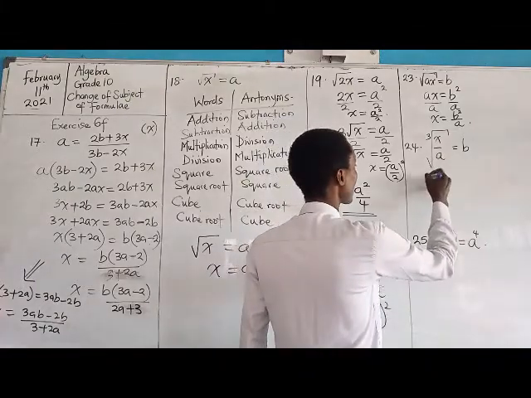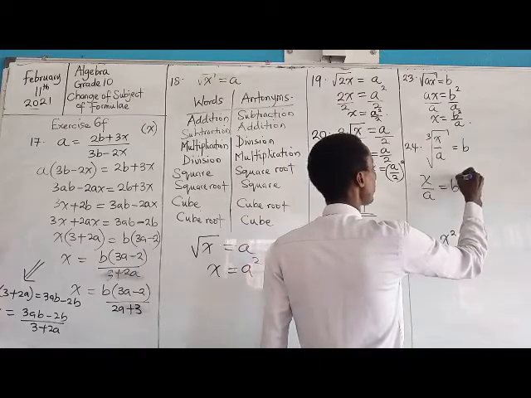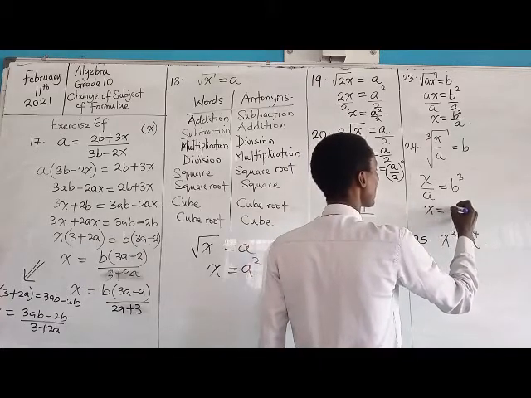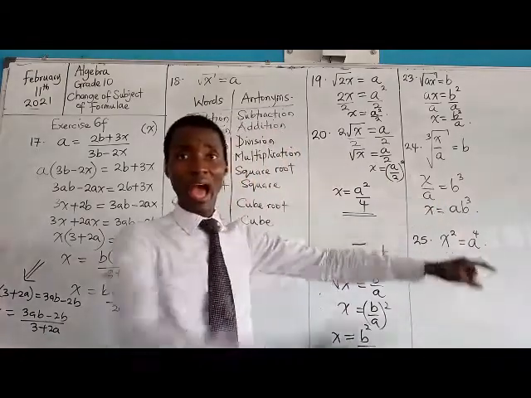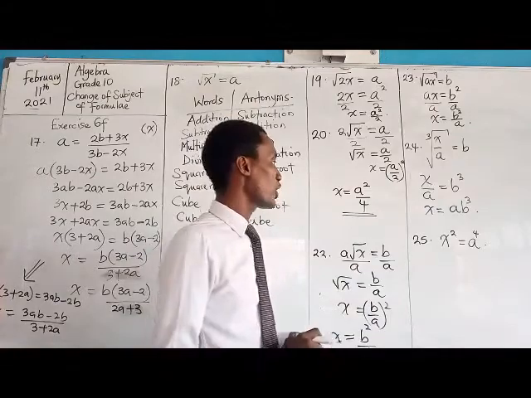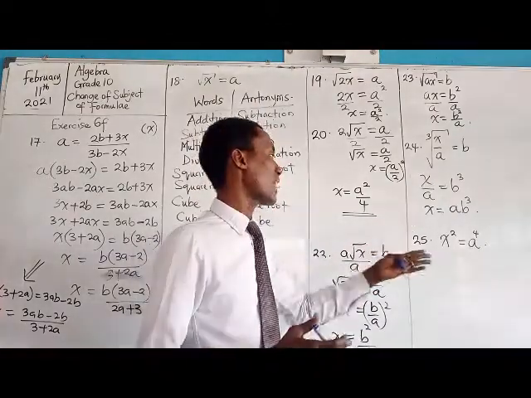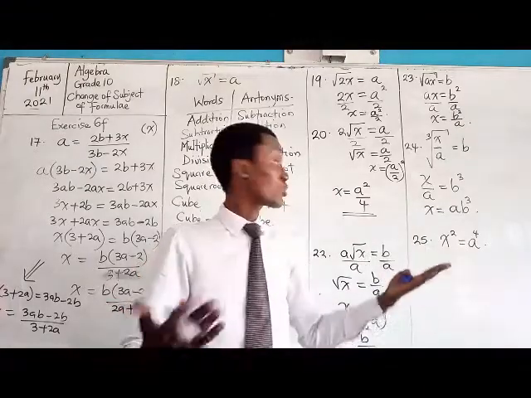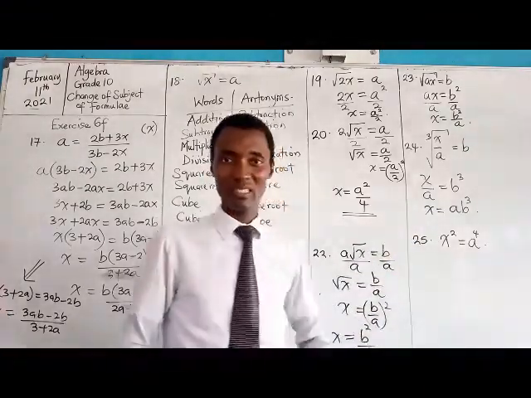Becomes what? X over A equal to B cube. And as such, X will simply be what? AB cube. Because A is a denominator, I apply the effect of multiplying through by A, and I'm going to have what? AB cubed. You discover that you've been thinking before that this thing will take time to solve, but you're seeing that there's really no time wasted in solving this.